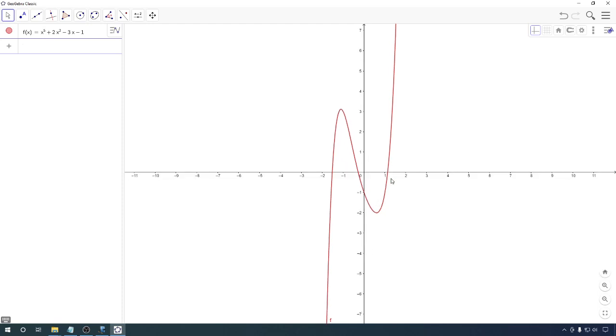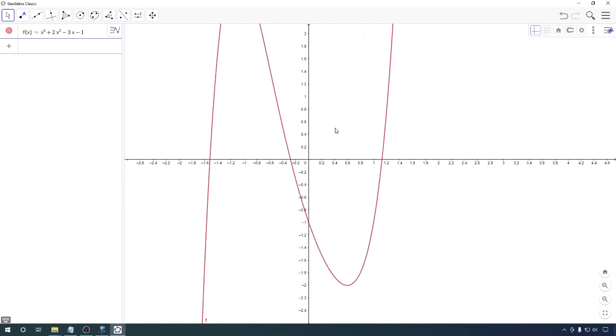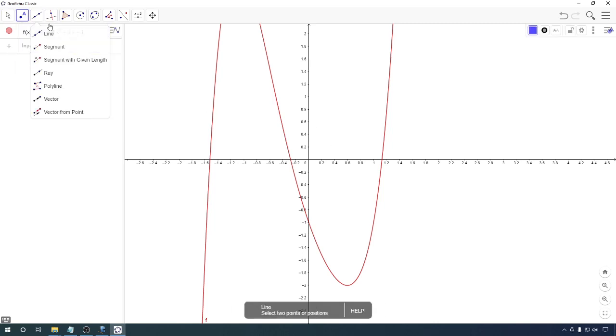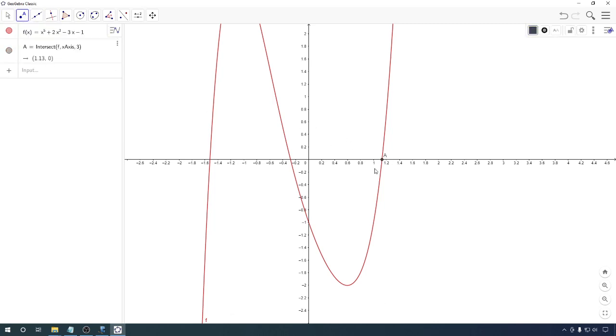And if we zoom in, we can see that yes, there is a root between 1 and 2. I think GeoGebra will click close enough, and it gives us that intersection point. It's about 1.13. It probably has more digits in there, but to 2 decimal places, it's 1.13.